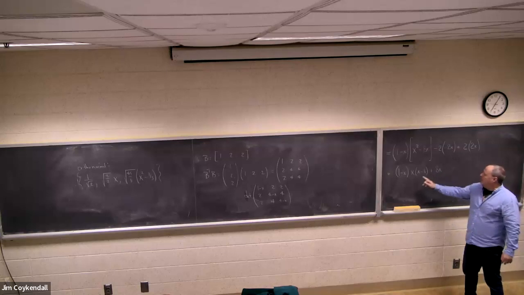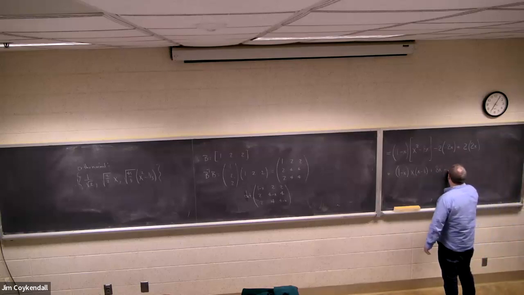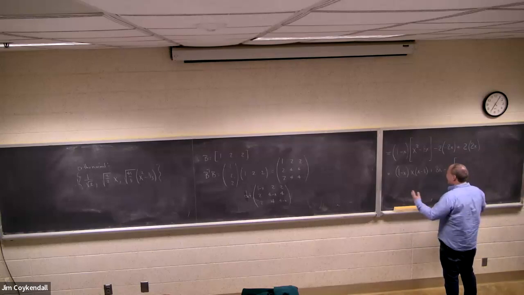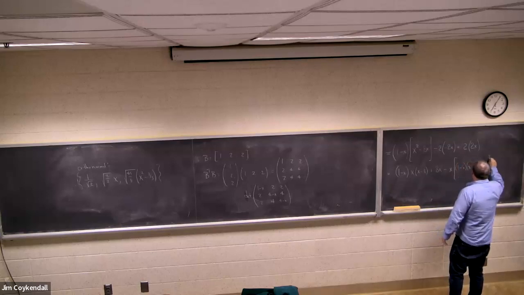Notice I'm carrying a factor of x here, right? So let's pull that x out of everything, and this gives me 1 minus x times x minus 8 plus 8.